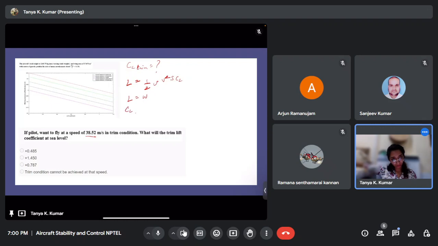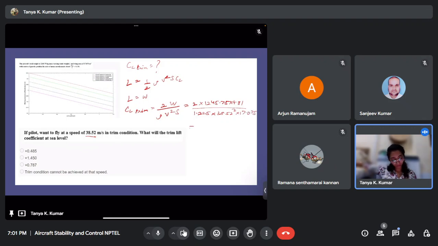So your CL trim will be 2W by rho V squared S. So you have 2 into 1245.75 into 9.81 by rho, which is 1.225, into 38.52 squared, and S is 17.5.